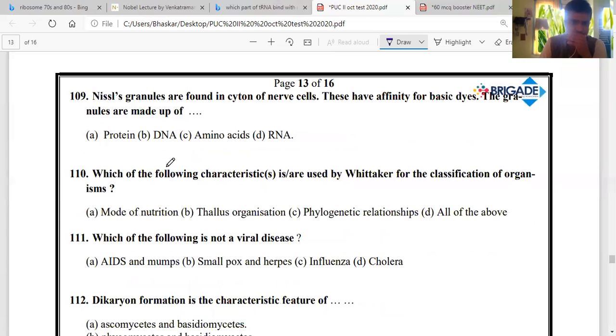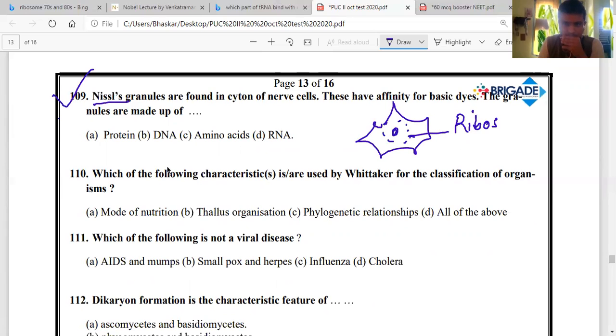Next question is also brilliant. Nissl granules, you know, in the nerve cell, in the cell body, there are Nissl granules, and that is nothing but modified or simply ribosomes. And ribosomes, and also some Nissl granules contain iron. So they are the protein factory. So they create protein. And ribosome, the ribo word is taken from ribonucleic acid. So they are definitely RNAs, free RNAs. And later on, they are connected with the protein.